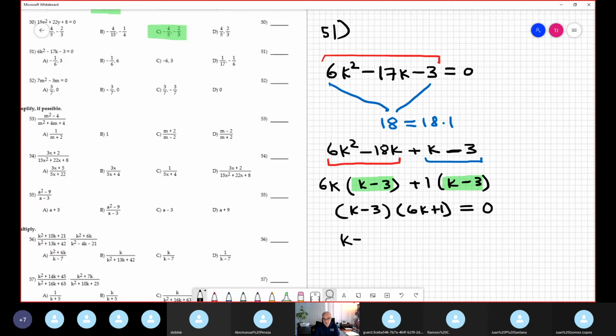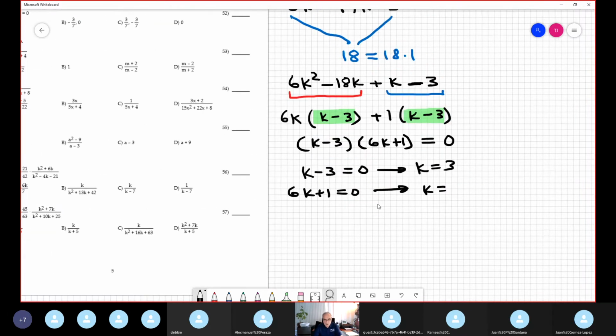One equation is k minus 3 equals 0. This means that k is 3, and 6k plus 1 equals 0. This means that k is equal to... let me see. You move 1 to the right-hand side. Wait, too fast. I am not doing this well.